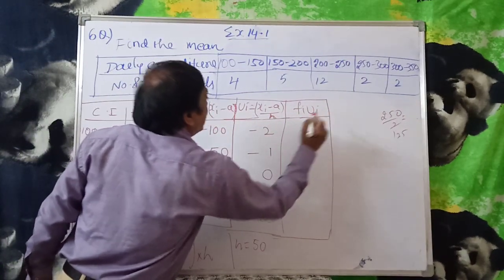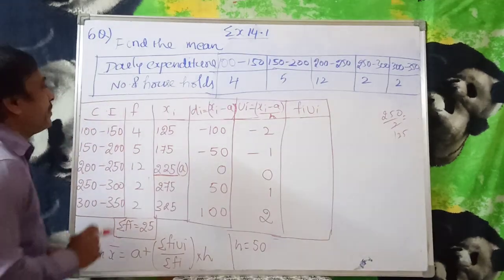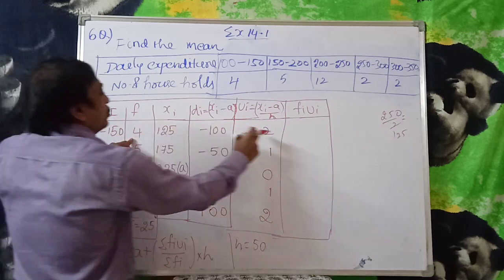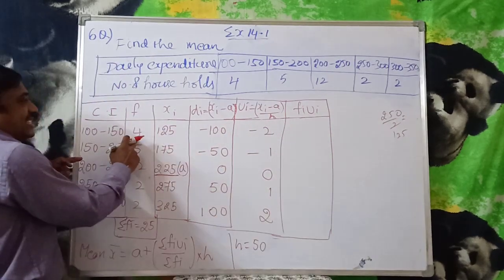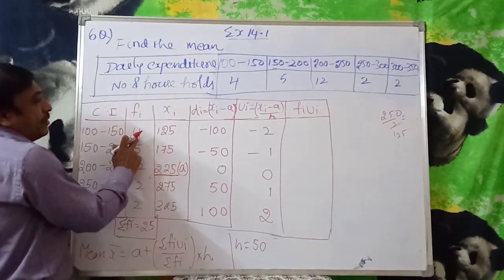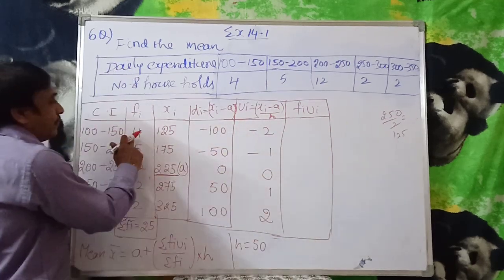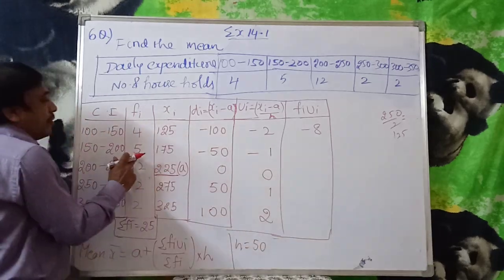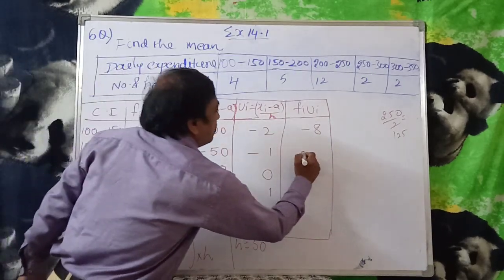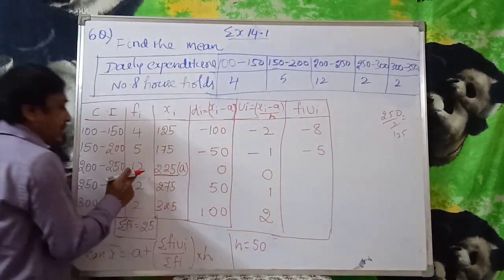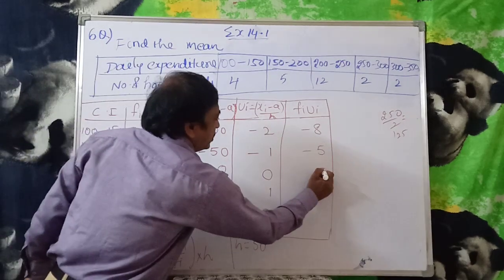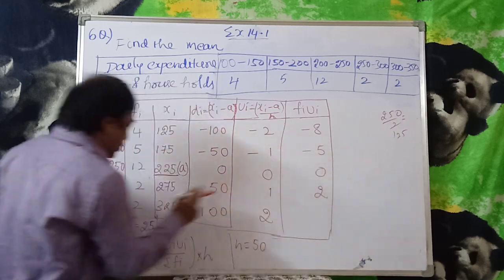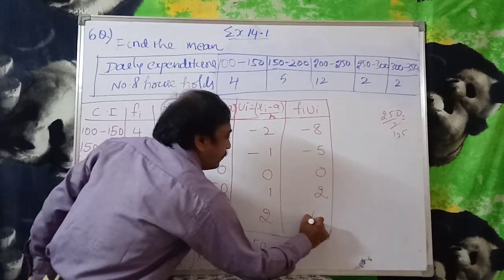Fi values are these, and ui values are these. 4 into minus 2 is minus 8. Next, 5 into minus 1 is minus 5. 12 into 0 is 0. 2 into 1 is 2. Next, 2 into 2 is 4.